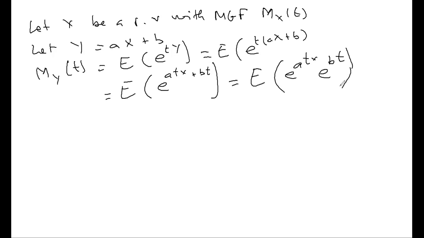Using the rule of exponentials. Now, this is the expectation of e^(atX), and e^(bt) is like a constant. It doesn't have X, so we can take it out as e^(bt) and leave in e^(atX).